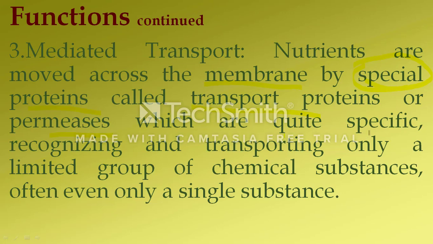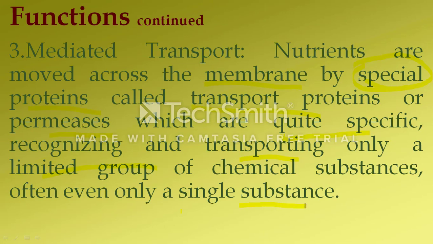They will not pick up random proteins or random molecules across the plasma membrane. They specifically recognize and transport only a limited group of chemical substances, sometimes even a single substance.